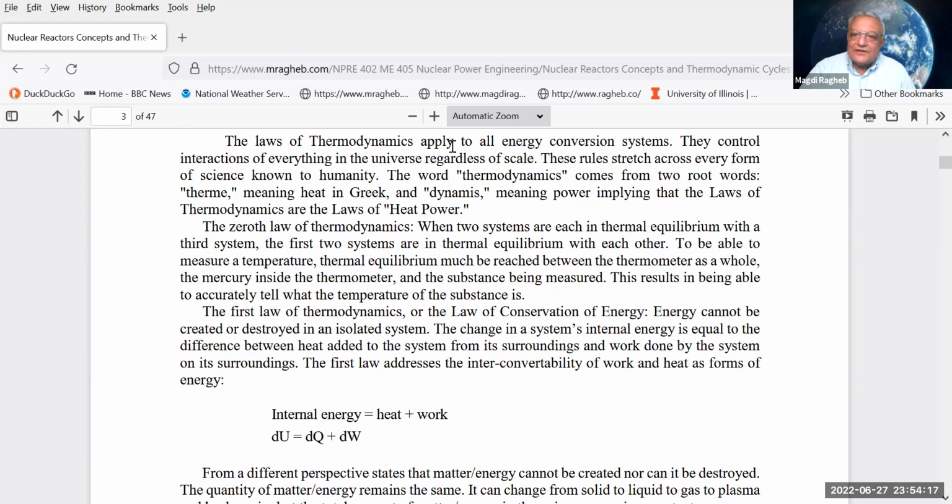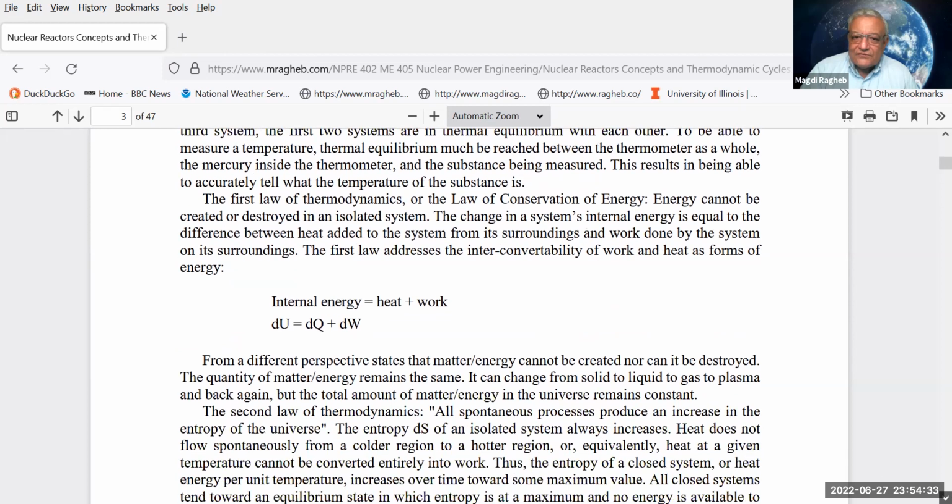So the laws of thermodynamics apply to all energy conversion systems. Energy conversion itself has some principles of operation requiring a flow system and asymmetries in the process.